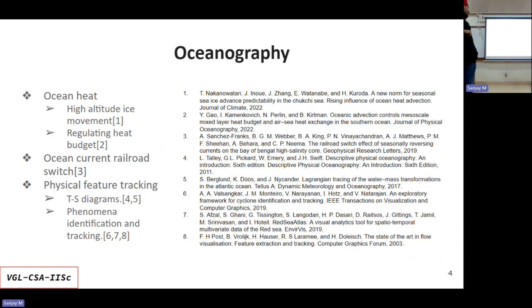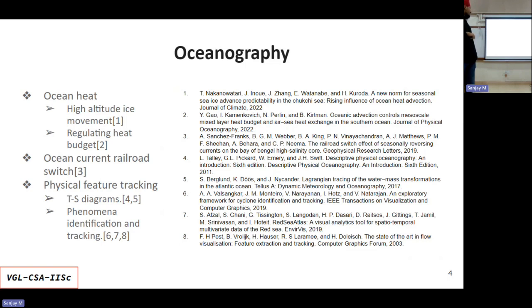We also have studies that show currents switching their directions due to weather patterns, and they act like railroad switching. First they are moving towards the west, and then after some weather they start moving towards the east.